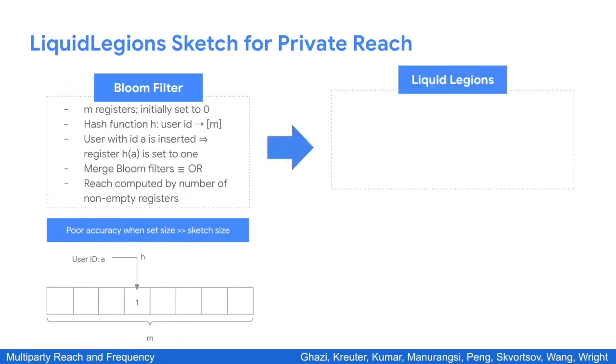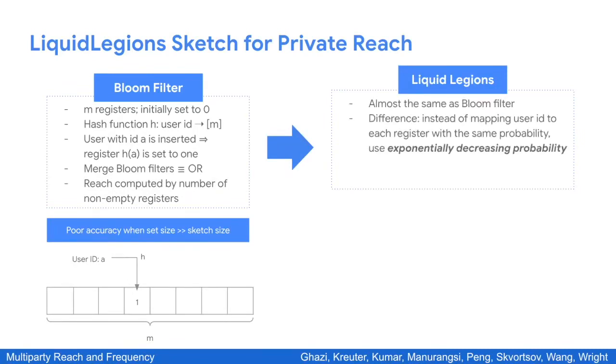It's almost the same as the Bloom filter, except that instead of having a hash function that maps each user ID to a uniformly random register, we take a map such that there is more probability that it gets mapped at the beginning of the sketch than at the end. And this probability decreases geometrically as we go to the right of the sketch. This can be thought of as a smoother version of the so-called ball and pin trick.